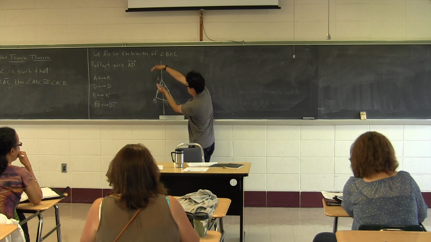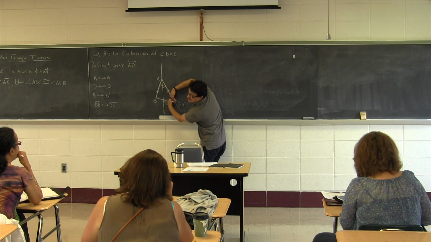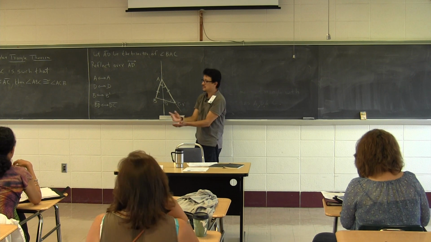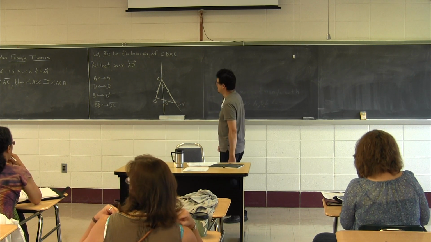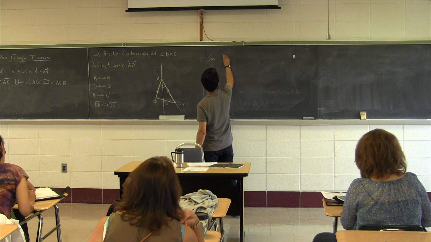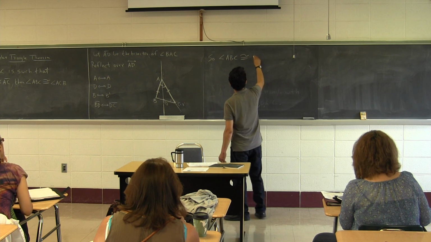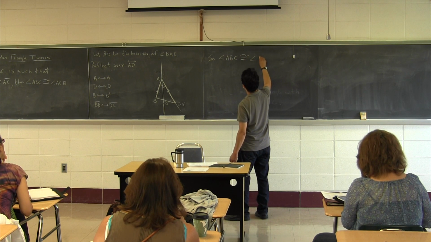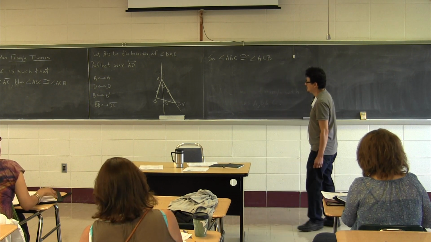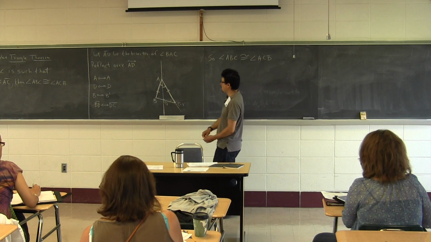Right? So this reflection is taking this angle into this angle, and because it preserves measurements, then it has to be the same, right? So the angle ABC is congruent to the angle ACB, right? And guess what? For free we got the following.